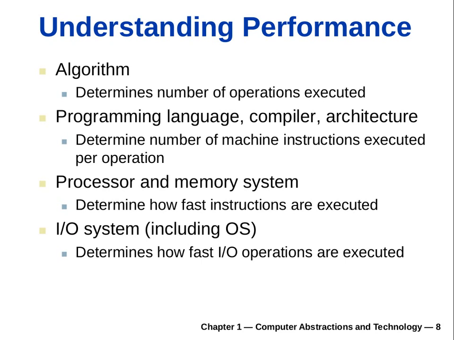So as I mentioned, algorithm, that's one way to look at how to improve the performance, right? Programming language, compiler, and architecture. Okay, so during the translation process, let's say you have an algorithm to sort n numbers in linear time. You have to code that into a programming language, right?